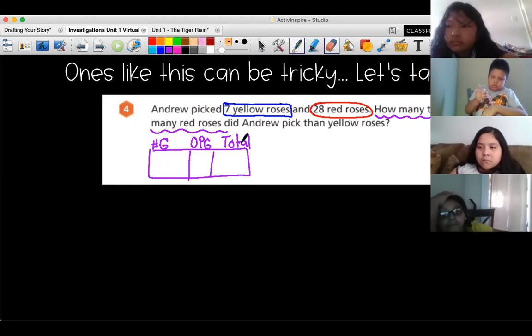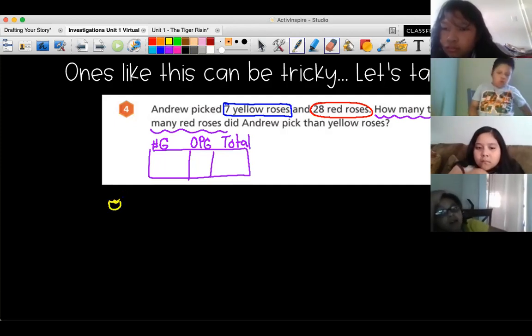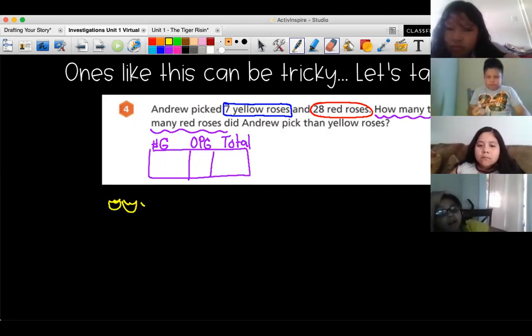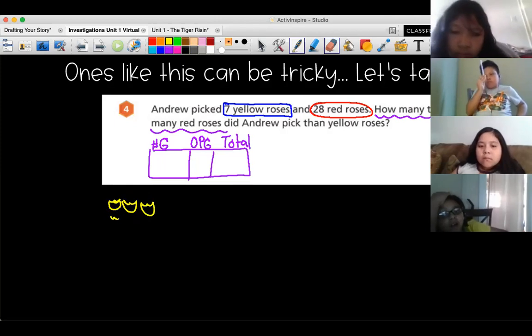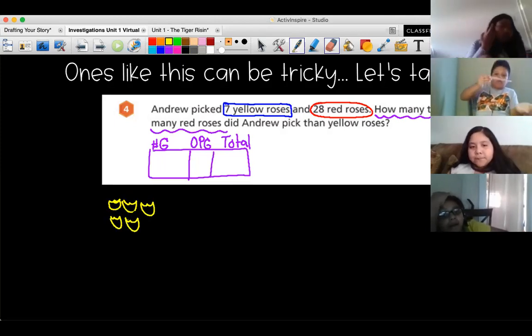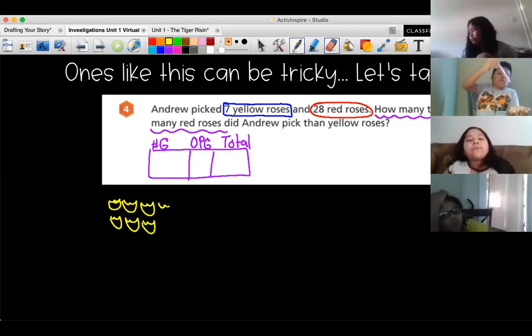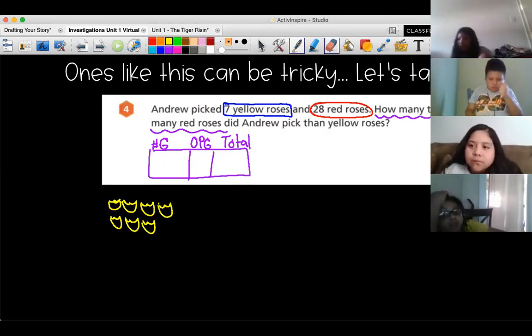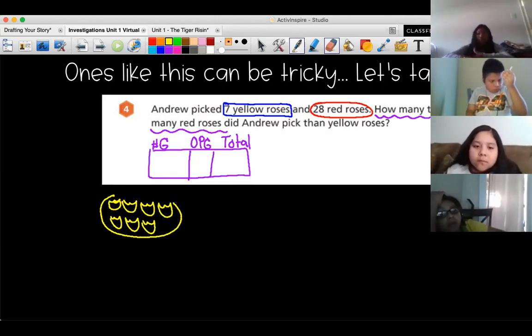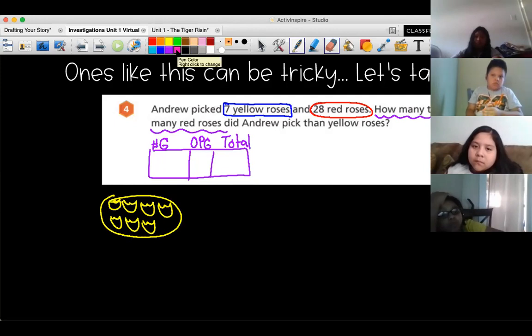All right, so if I have the yellow roses and I made just one group, I'm going to put these little yellow things. There's 1, 2, 3, 4, 5, 6, and 7. So there's my 7 yellow roses. And then I'm going to do pink because it shows up a little better, but we're going to do these at the bottom.